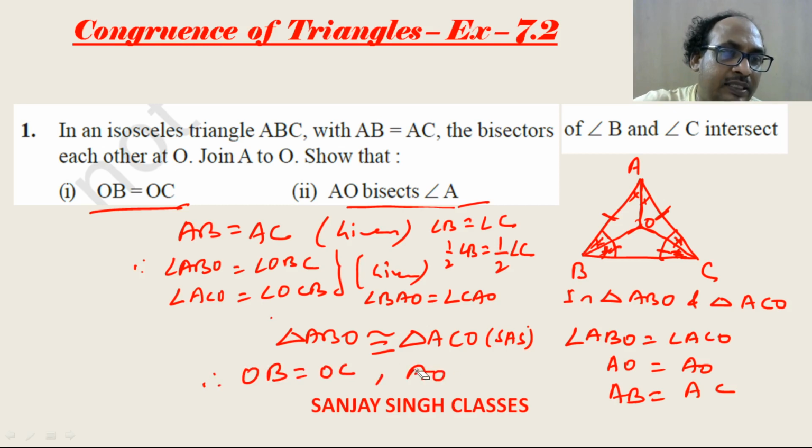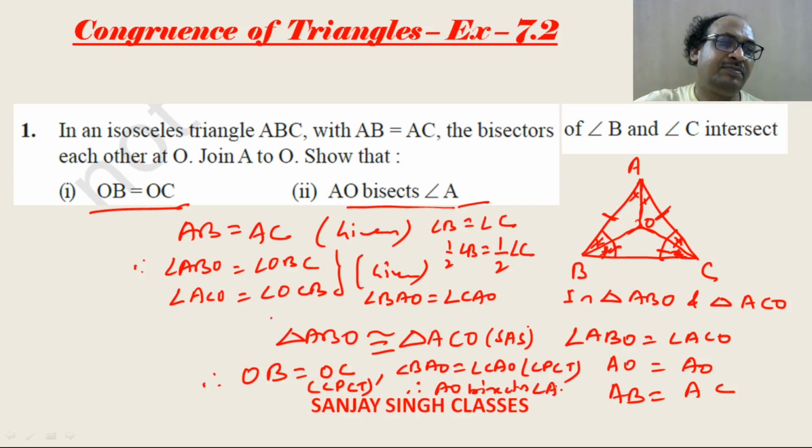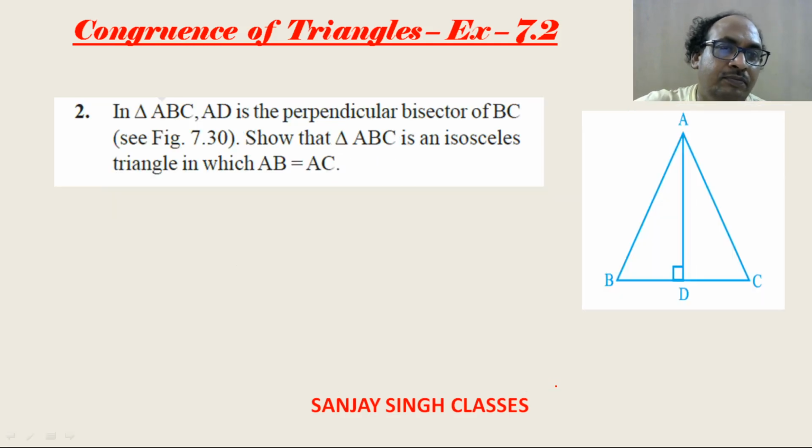So why does AO bisect angle A? Because angle BAO is equal to angle CAO, CPCT. These are called CPCT. Therefore, AO bisects angle A. Okay, right.